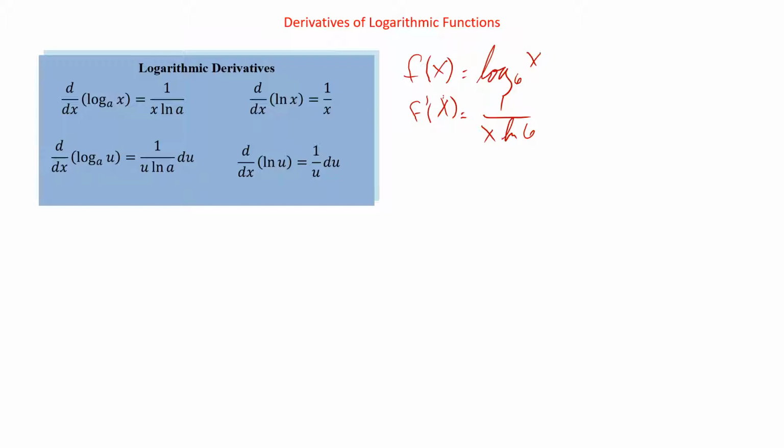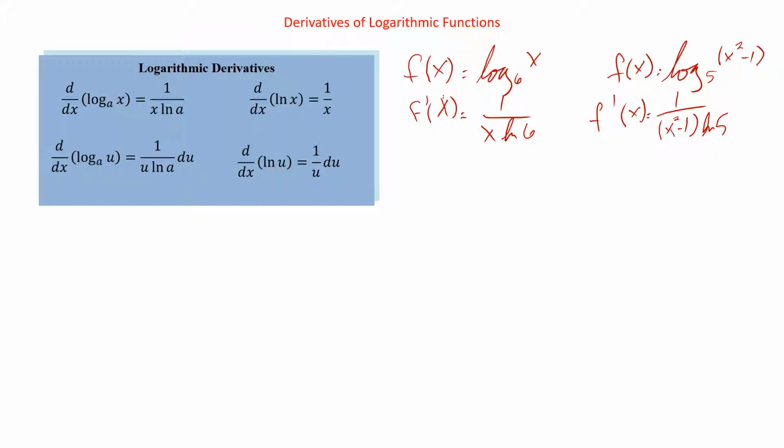We could have something with a little bit more to that. We could say f of x equals log base 5 of x squared minus 1. And so our derivative, we're going to have 1 over x squared minus 1 ln 5.